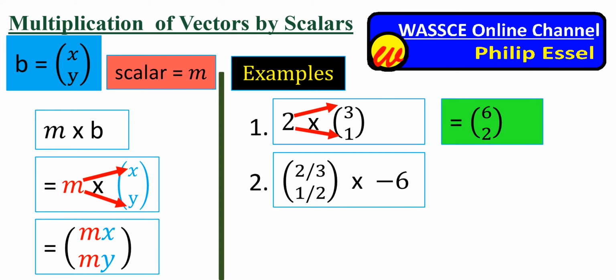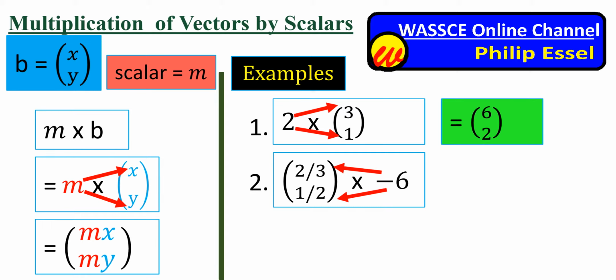Example 2. In this example, we have the vector 2 over 3, 1 over 2, multiplied by the scalar negative 6. So the negative 6 would first multiply the x component of the vector, 2 over 3.